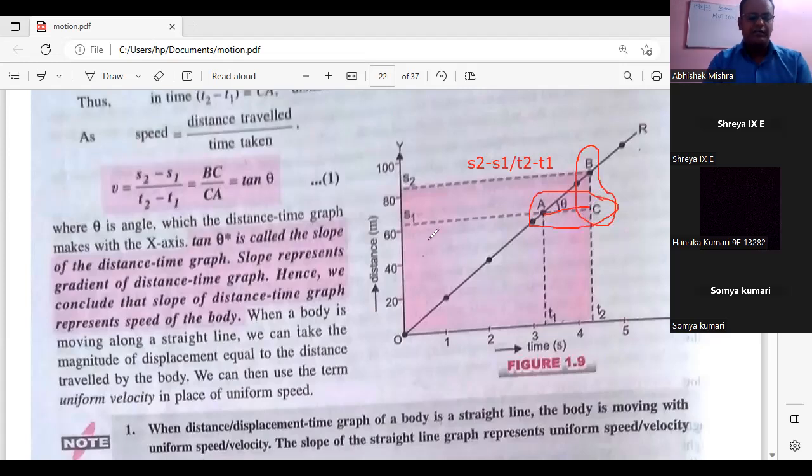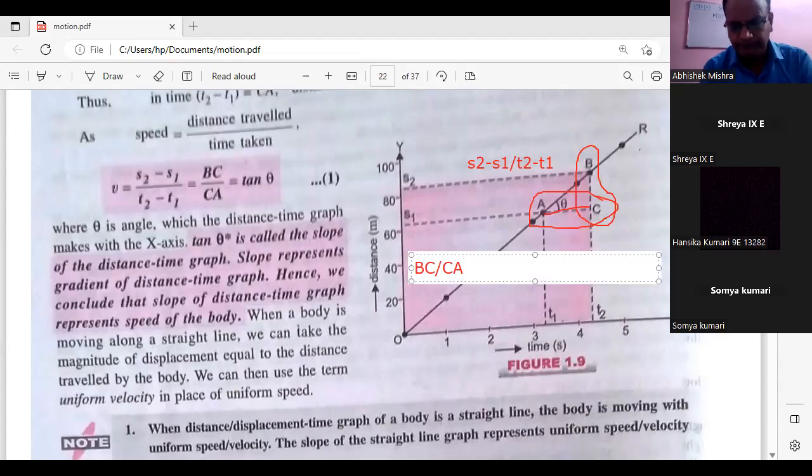So can we say the speed now becomes BC divided by CA? Yes or no? Yes, sir. So from this very graph, the distance-time graph, when the body is in uniform motion, we can calculate the speed of the object. Is it clear to all?